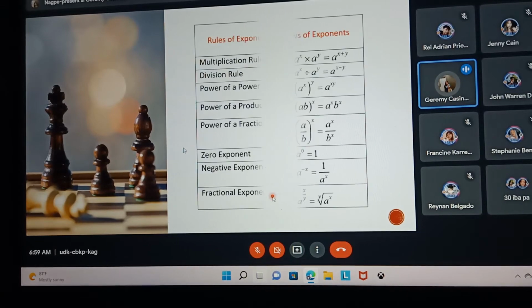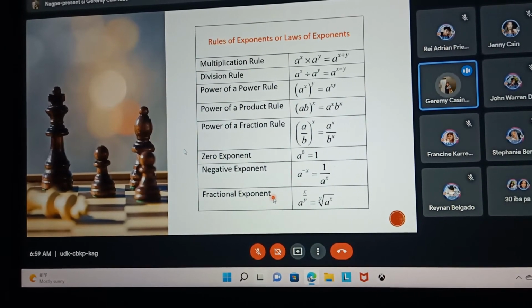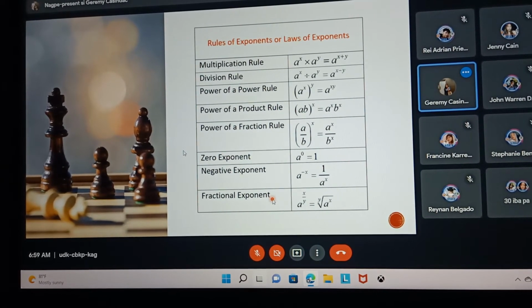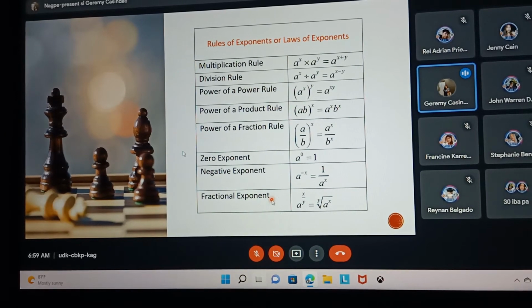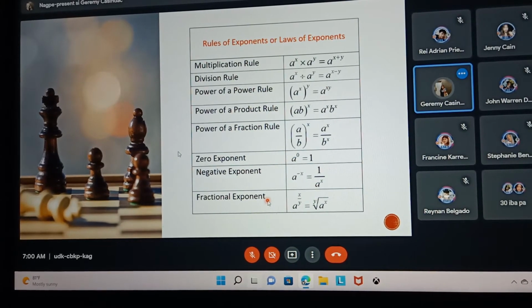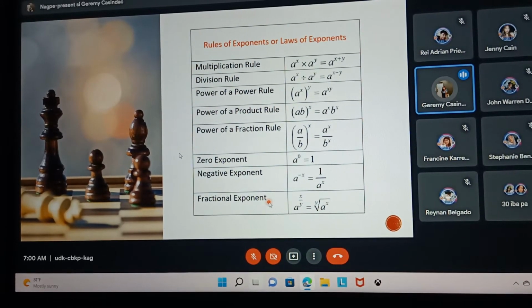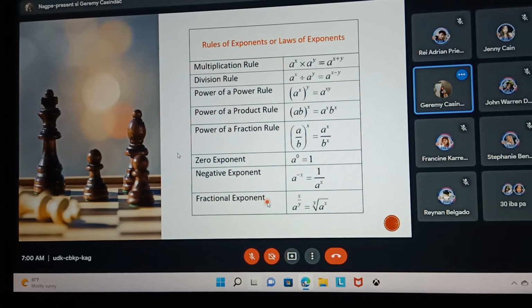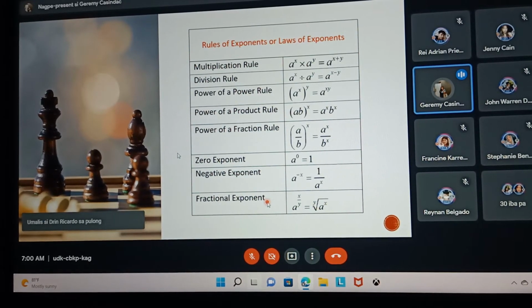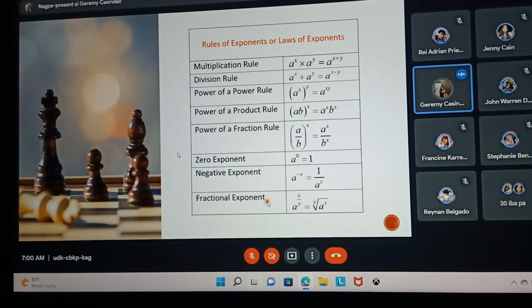So before we proceed in multiplying and dividing a function, let's go back to the following rules of exponent or laws of exponent. Definitely you already encountered the rules of exponent in your junior high school, right?